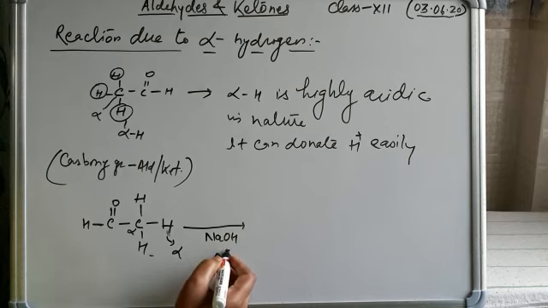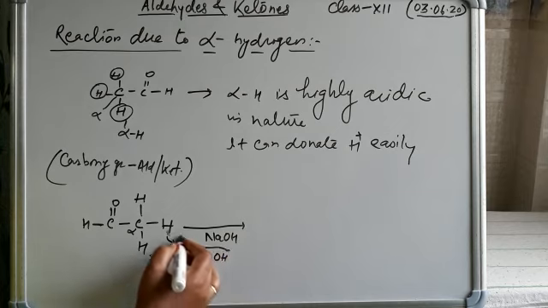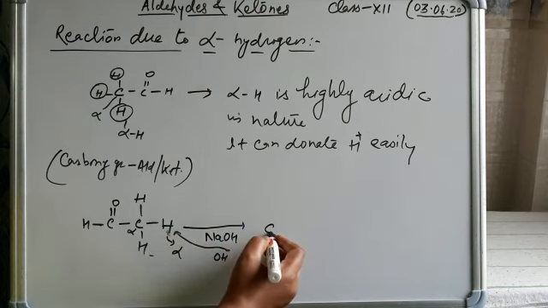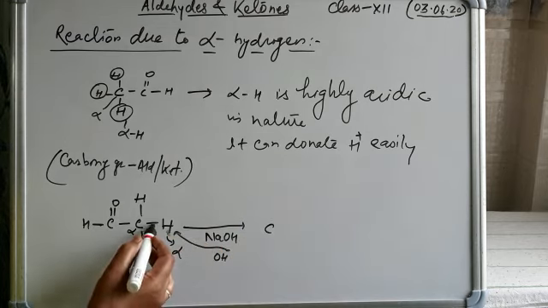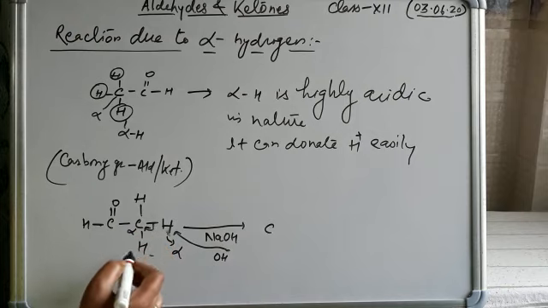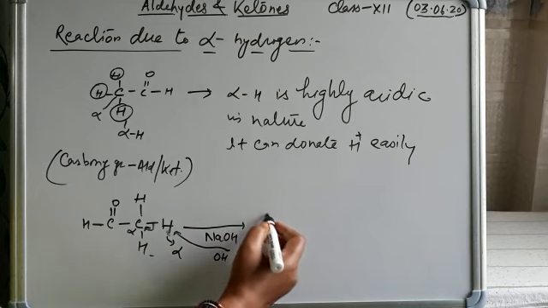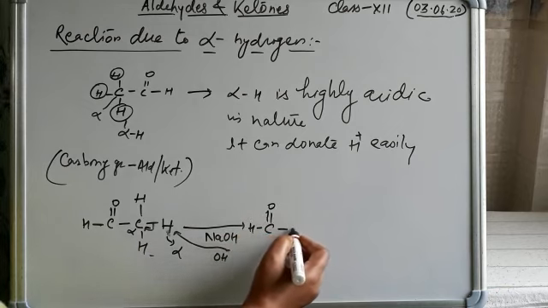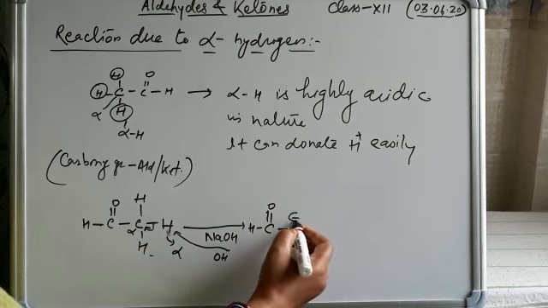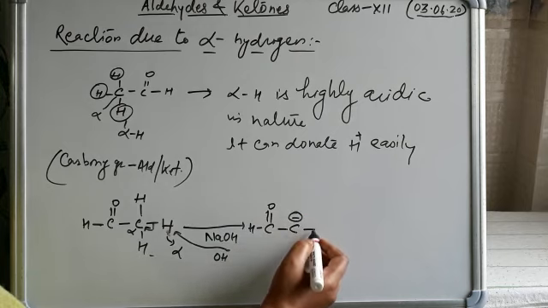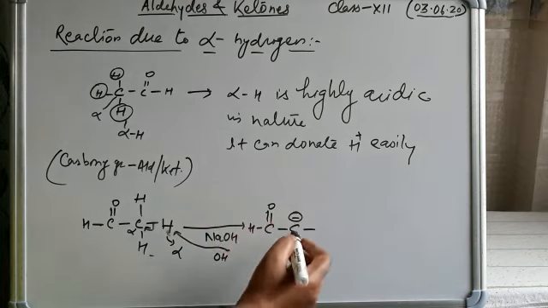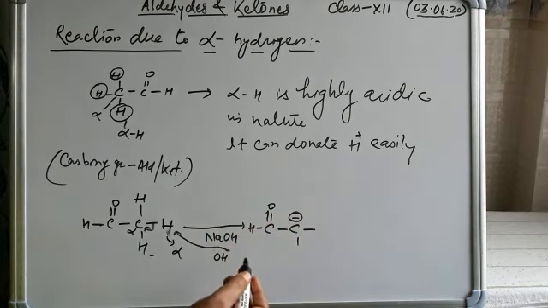It gives the OH ion. So the OH ion takes the hydrogen as H plus, and in that condition the bond shifts towards this carbon. So here, next to the carbonyl group, negative charge is present on the carbon, and this compound is resonance stabilized.